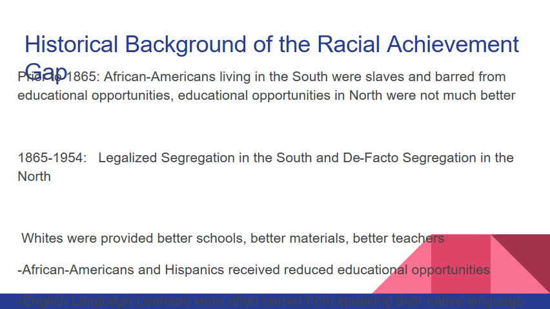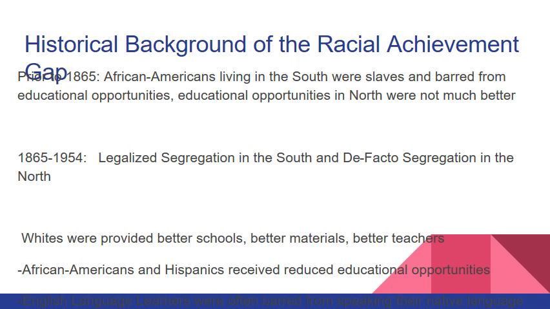In 1865, after the emancipation of all African Americans in the South, the Southern groups in charge created a system of legalized segregation.